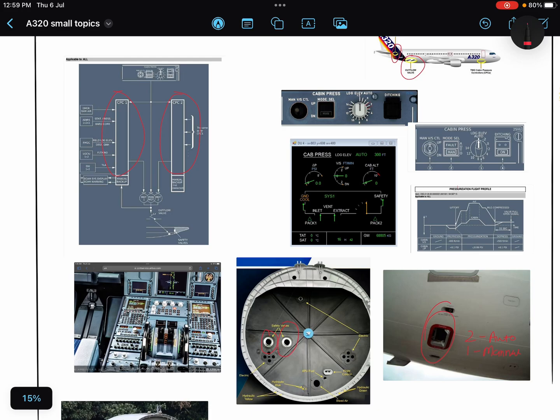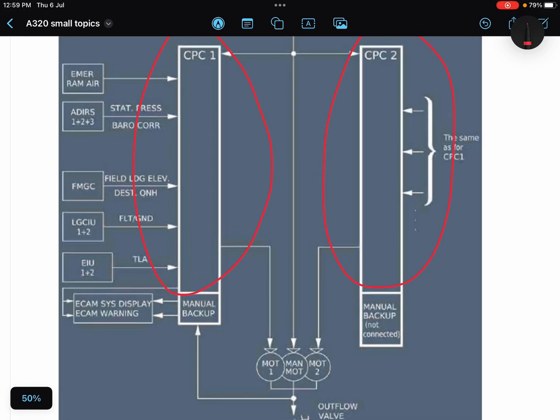The CPC receives the landing elevation and destination QNH from the FMGC, static pressure or baro references from the ADIRS, and flight or ground signals from the LGCIUs. All these are helpful to pressurize your aircraft, and even the thrust lever angle is taken from the EIUs, right?